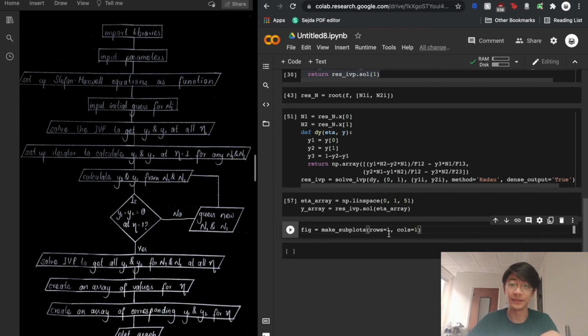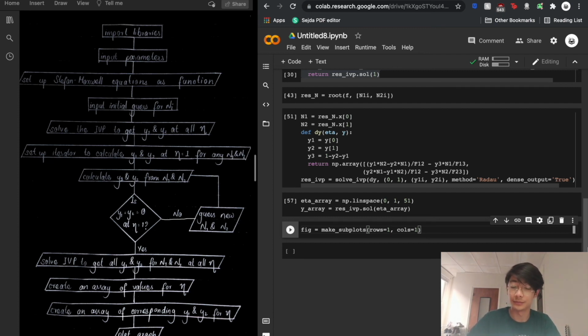It means that if we do something like 2, 1, it's 2 rows and 1 column. There's going to be 2 graphs, one on top of the other. And if we do a 2, 2, there's just going to be 4 graphs, 1, 2, 3, 4, just like that. So since we need only one graph, we're just going to go with 1 row and 1 column.